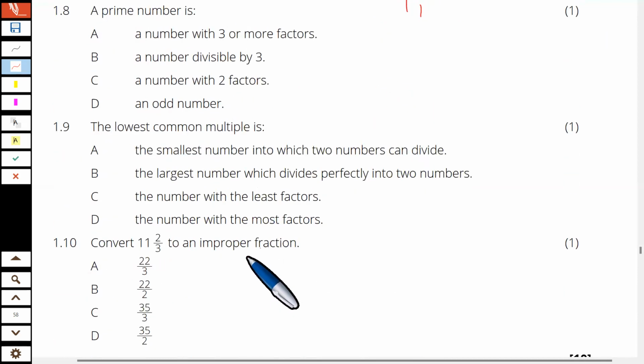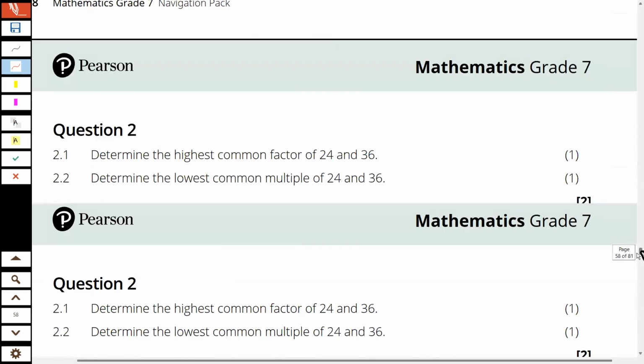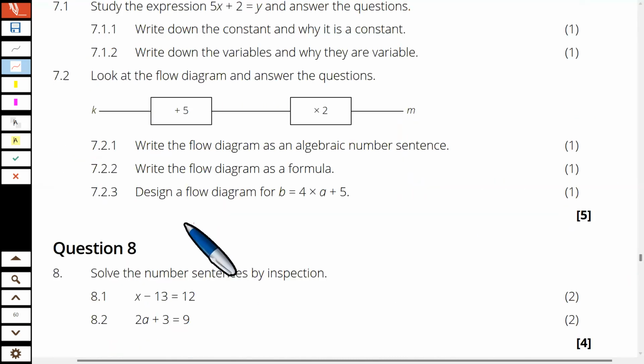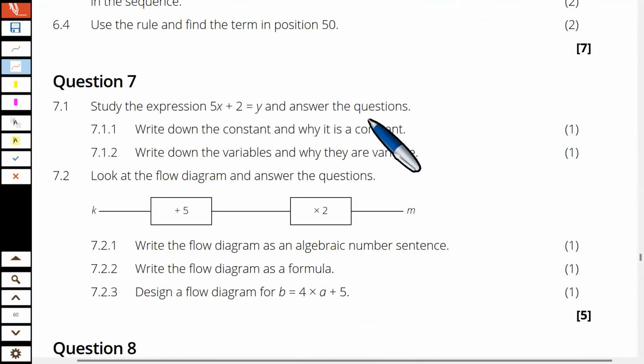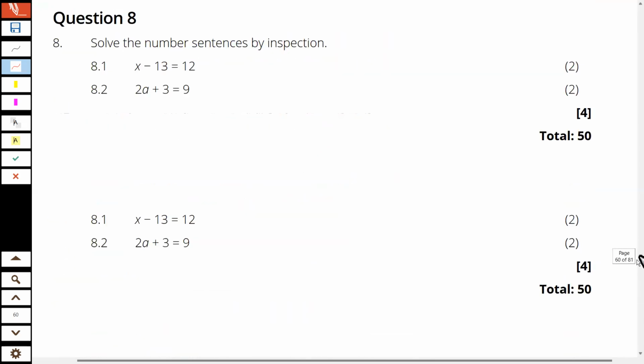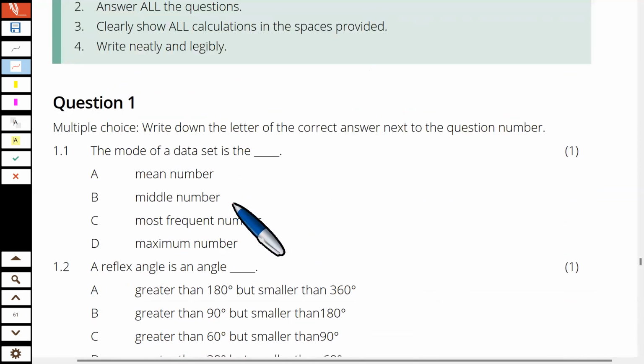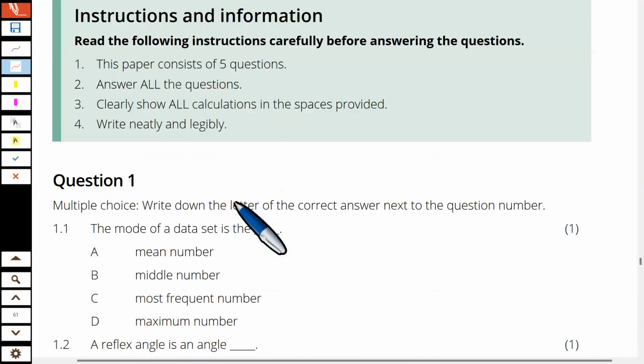Okay, so let's continue. The next thing now is to look at more worksheets. Let's look at something different for this term. Okay, let's look at this one.